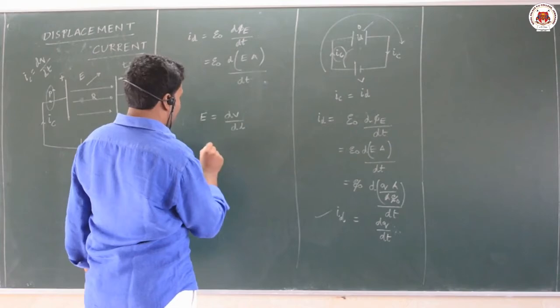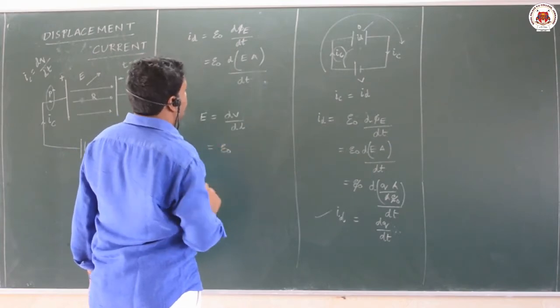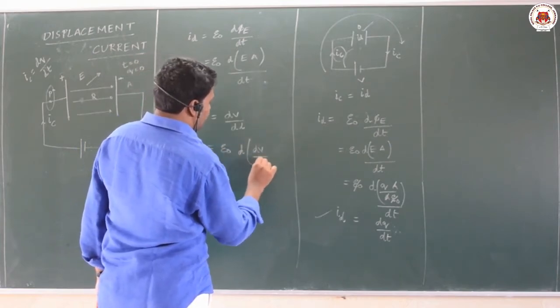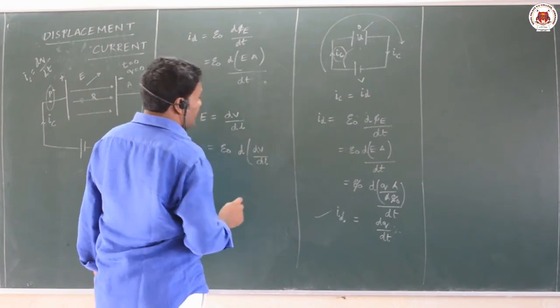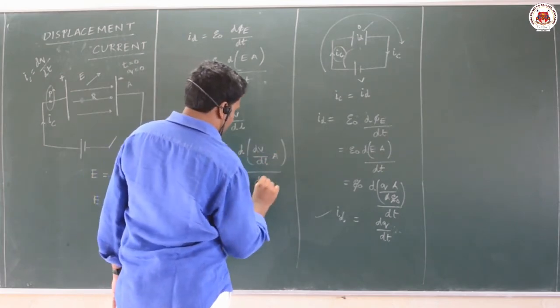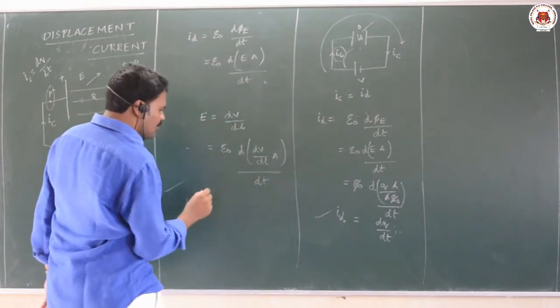So this I can write as epsilon naught d dV by dl into A by dt. Now this A and dl you can take outside.